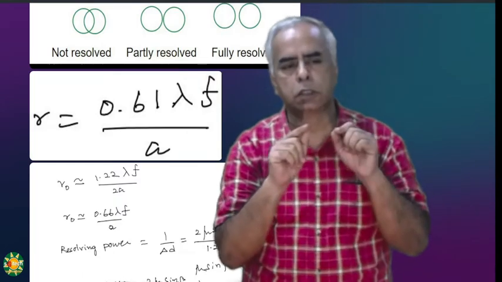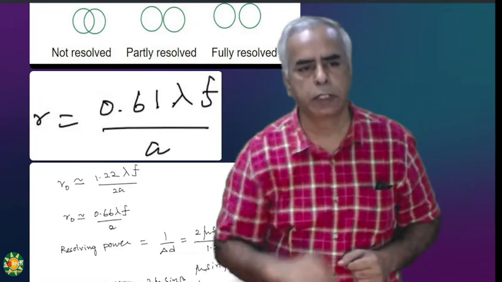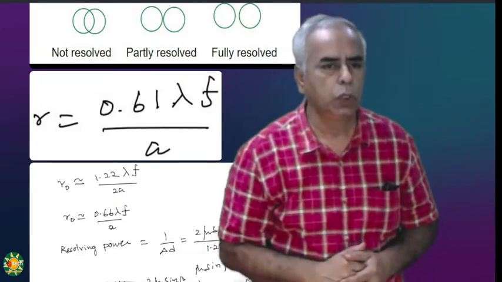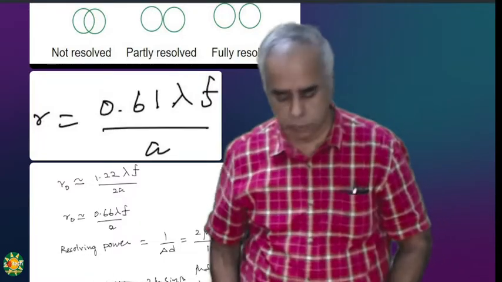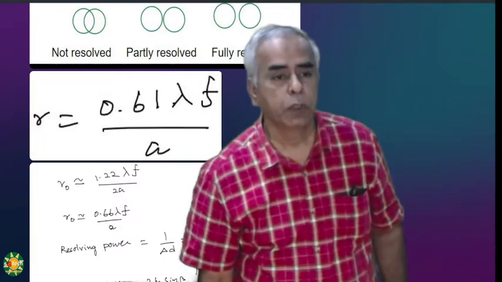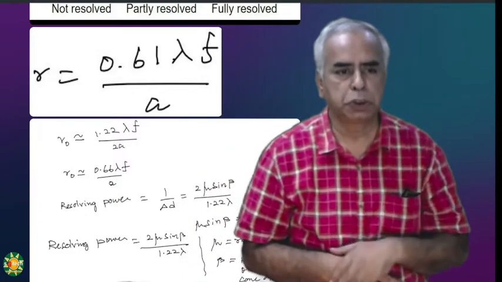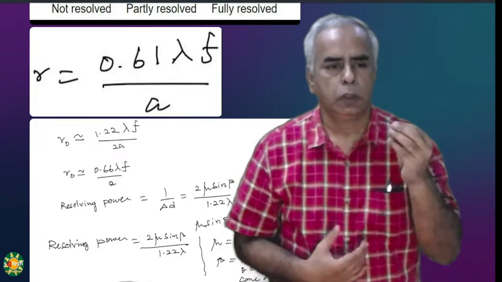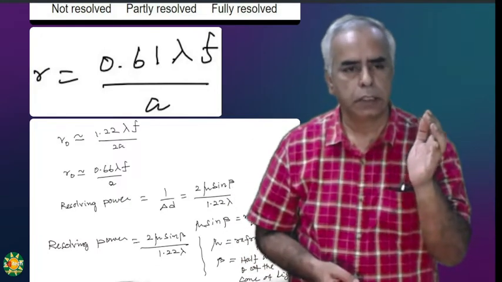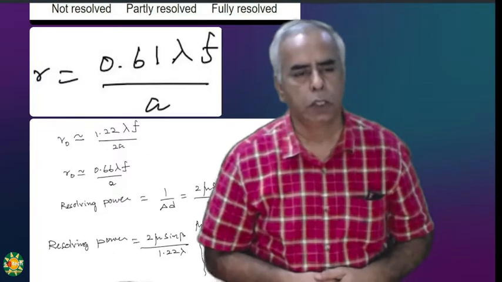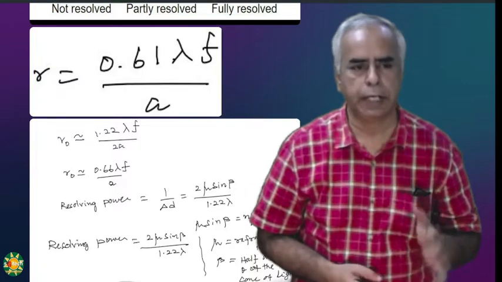Therefore R is approximately equal to 1.22 lambda f divided by 2A. It can also be interpreted as A instead of 2A, so it is 0.66 lambda f divided by A.